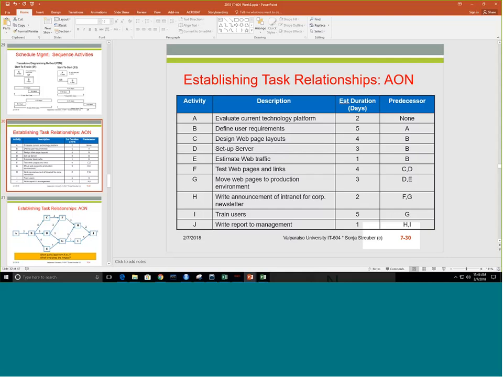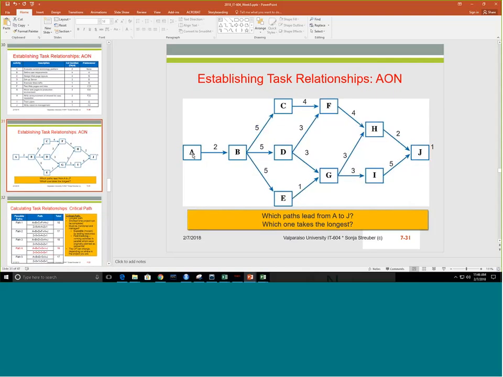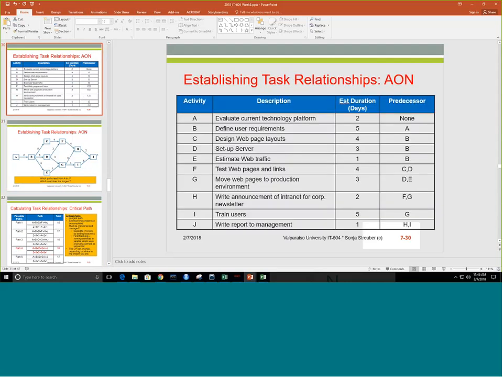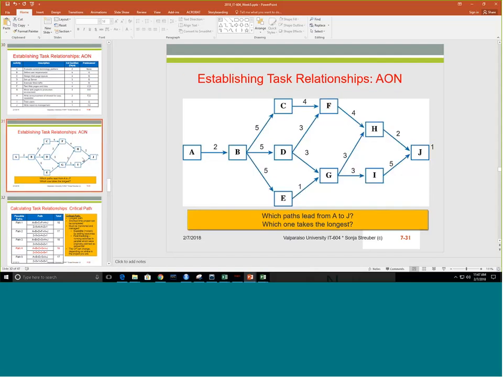Here, we have A, evaluate current technology platform, B, define user requirements, and so on. There's the predecessor. Here there is no predecessor, so A is the first one, and the estimated duration is 2 days. B, define user requirements. Estimated duration is 5 days, and the predecessor is A. That makes sense. Very good.